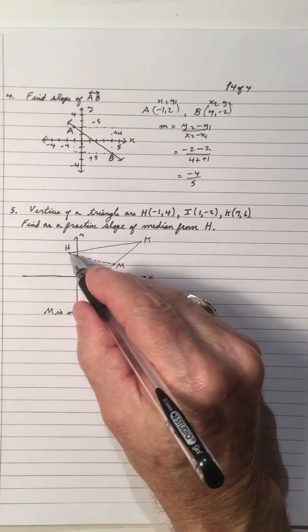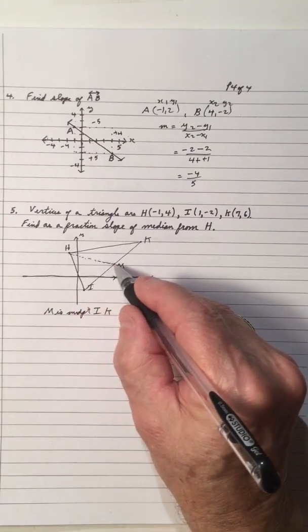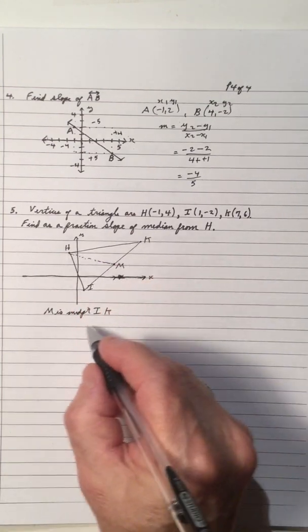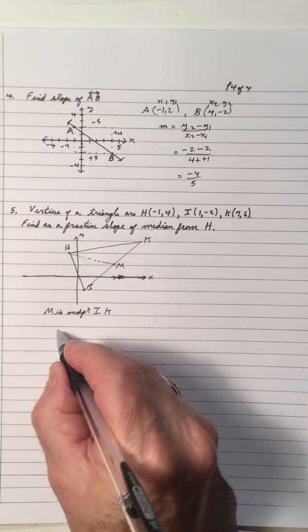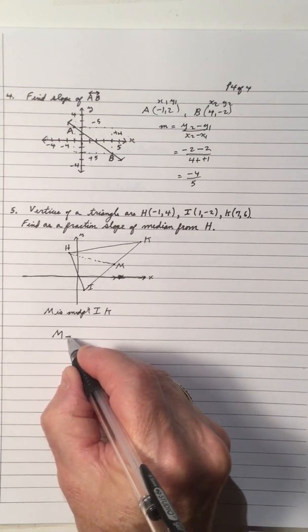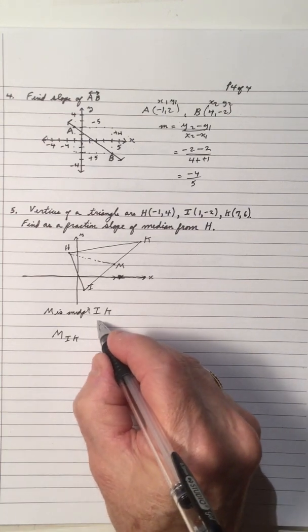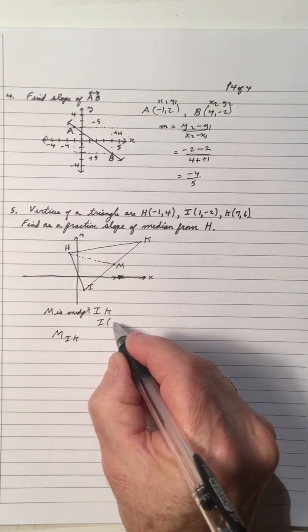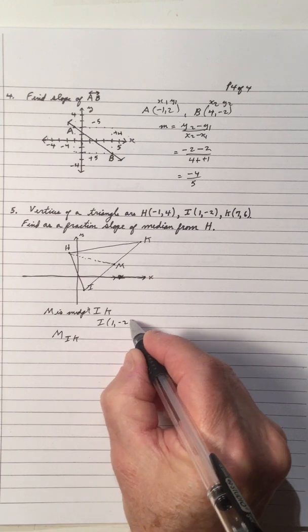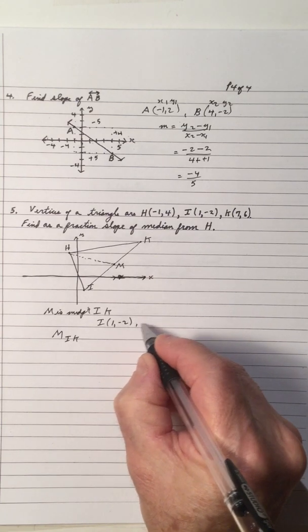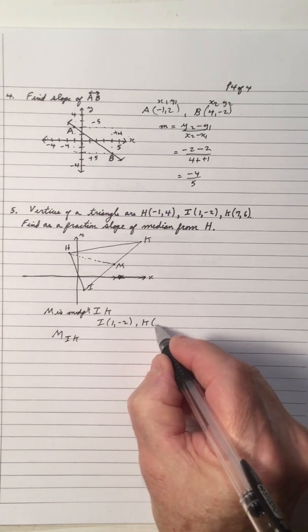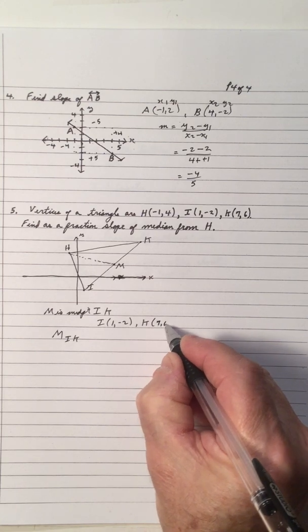A median leaves the vertex and goes to the midpoint of the opposite side. So we're going to find the midpoint of IK. Let's write down I as 1, negative 2, and K as 7, 6.